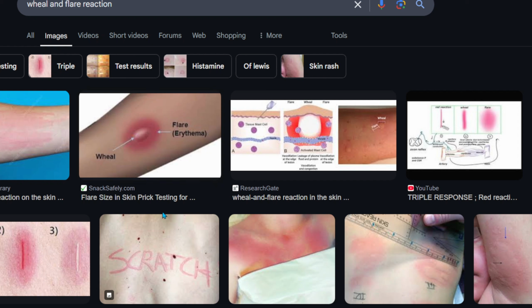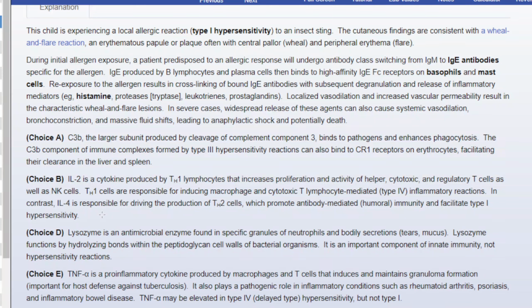During the initial allergen exposure, a patient predisposed to allergic response will undergo antibody class switching from immunoglobulin M to immunoglobulin E antibodies specific for the allergen. The immunoglobulin E produced by B lymphocytes and plasma cells then binds to the high affinity immunoglobulin E Fc receptor on basophils and mast cells.